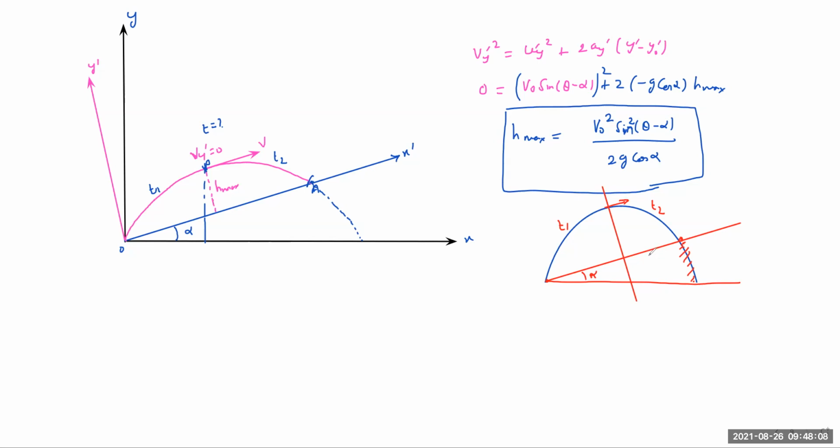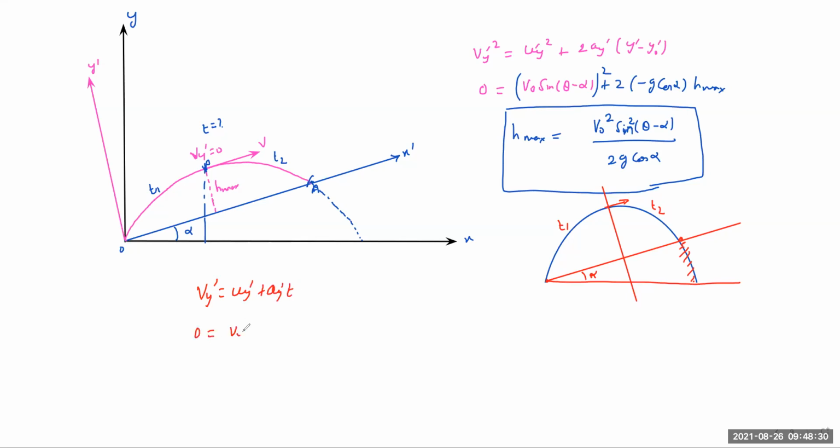Anyway, the question is, what is T1? Sir, V naught sine theta minus alpha over g t. Yeah, so T1 is the time of ascent, so we have to use the same formula. Vy dash is uy dash plus ay dash into t, and this is zero again.